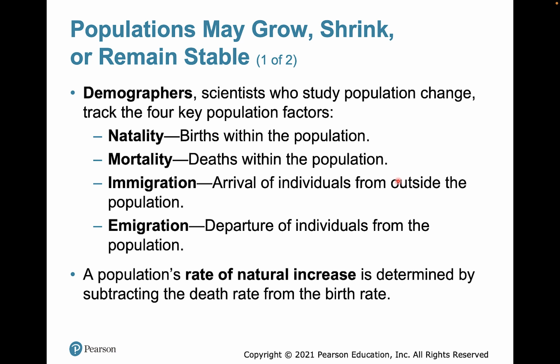So natality is birth rate, mortality is death rate, immigration with an I is when individuals move into the population, and emigration with an E is when individuals leave or exit the population. So if we're talking about natural rate of increase, you're going to look at natality minus mortality. Okay, natural rate of natural increase.